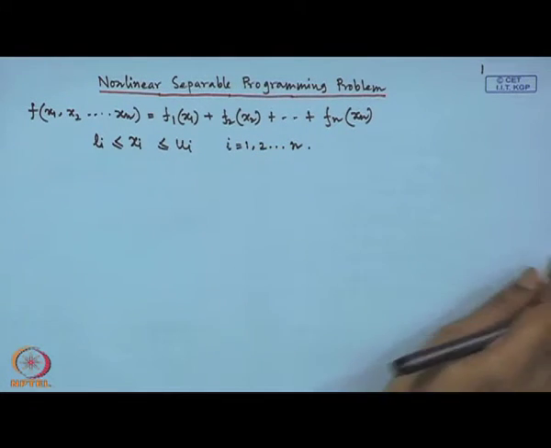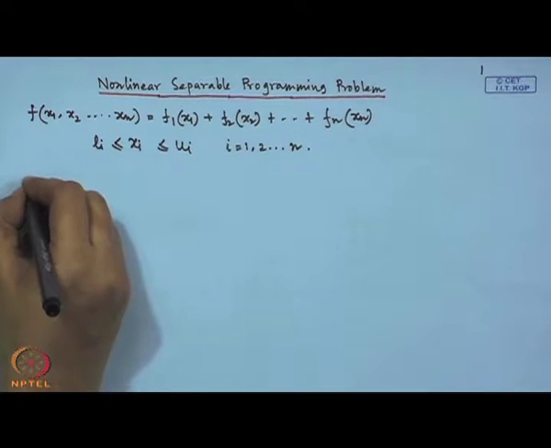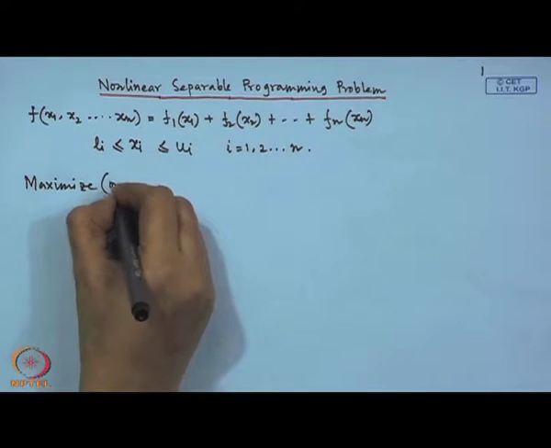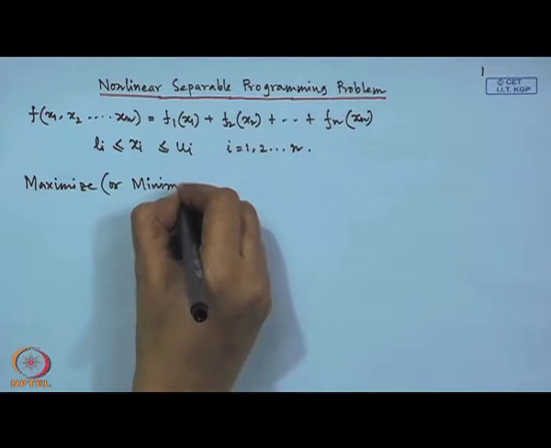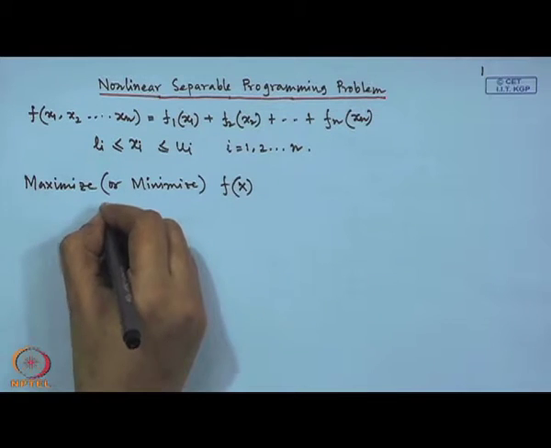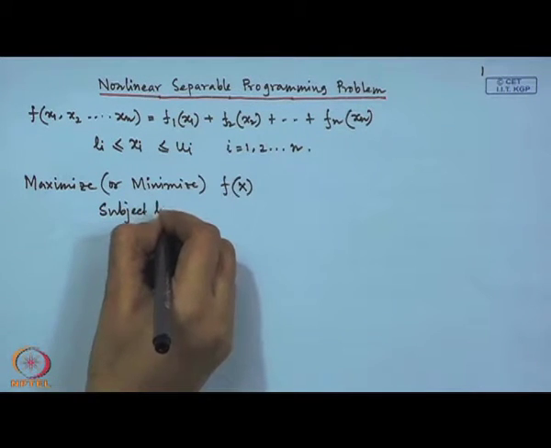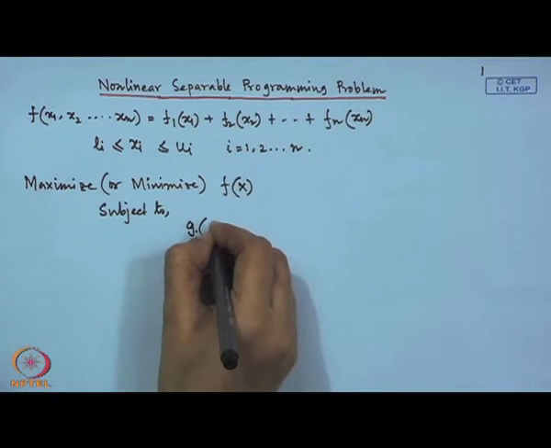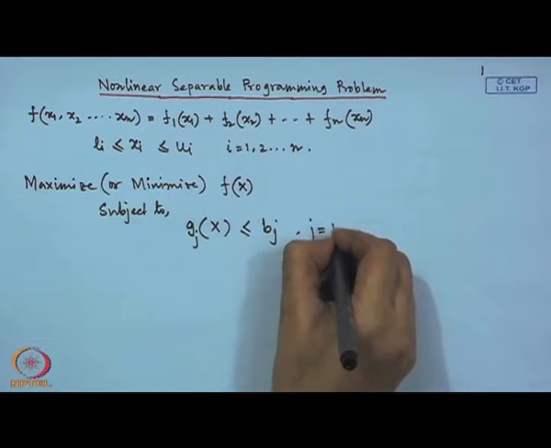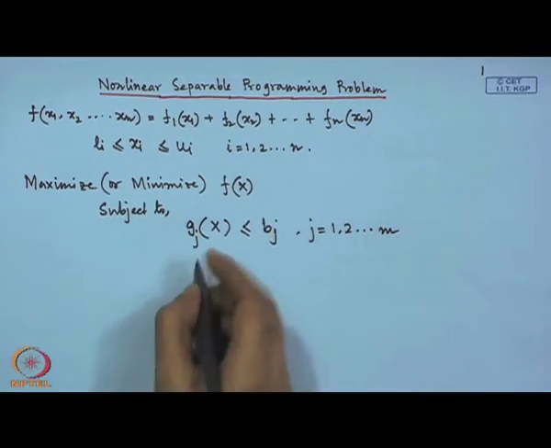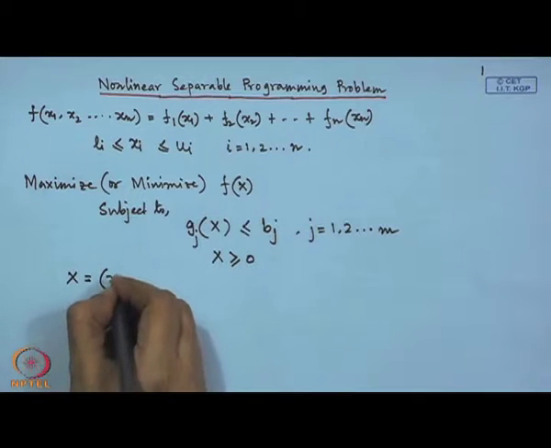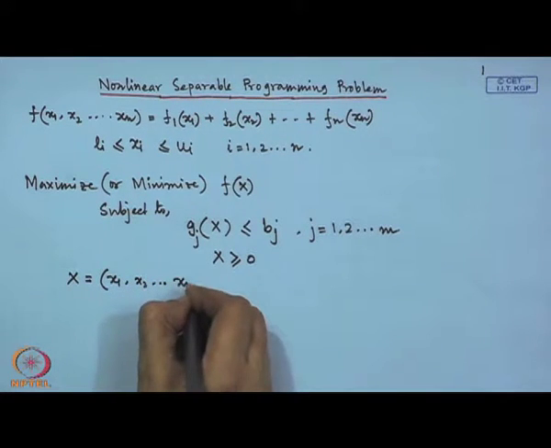Now, let us consider a general nonlinear programming problem, that is, maximize or minimize f(x) subject to gj(x) less than or equal to bj, where there are m number of constraints, and x is the decision variable, which could be a vector with n components.